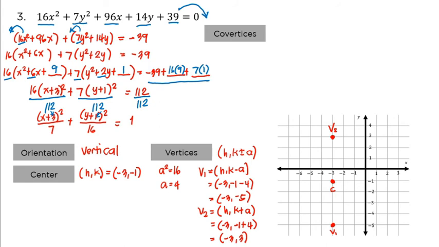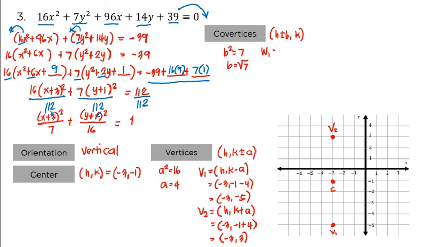Okay? Now, we have the co-vertices, that is B units away from the center. To solve for B, your B here is just from the standard equation, b squared is equal to 7. So b is equal to square root of 7, right? So the co-vertices are square root of 7 units to the left and to the right of the center since vertical ang ellipse. So yung x-coordinate yung nag-change. So you have h plus minus b and you have k.